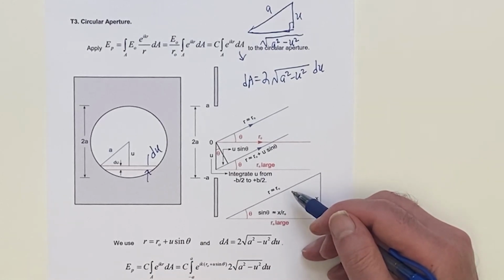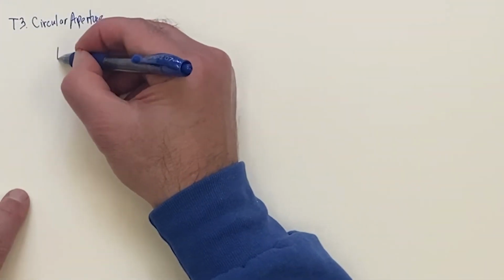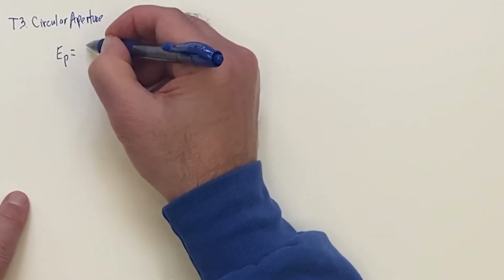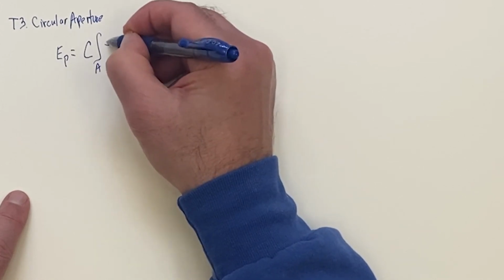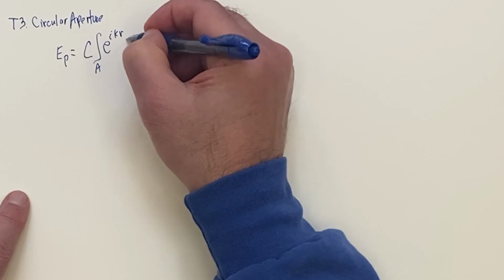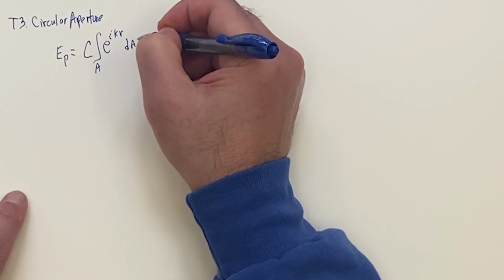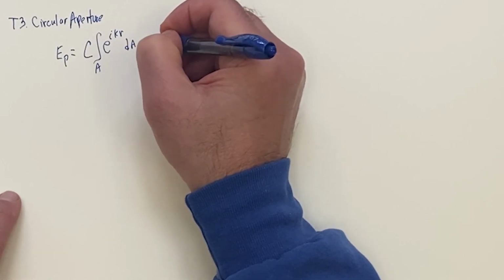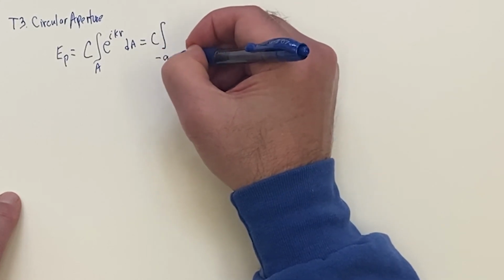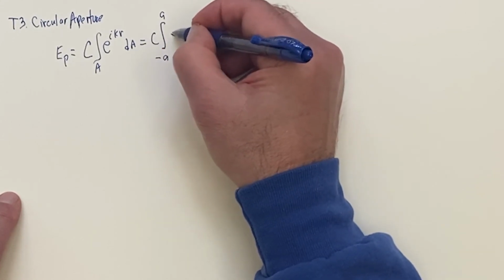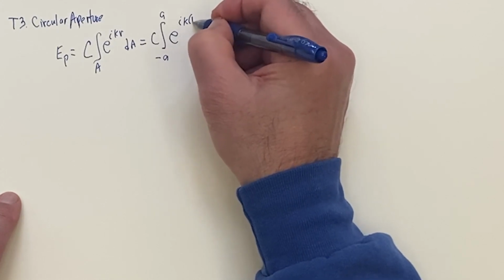So let's write that out over here. That's going to be our setup. E P is going to be some constant over the aperture, e to the i k r dA, and that's going to be equal to C, and we're going to integrate from minus A to plus A, and this is going to be e to the i k r naught.